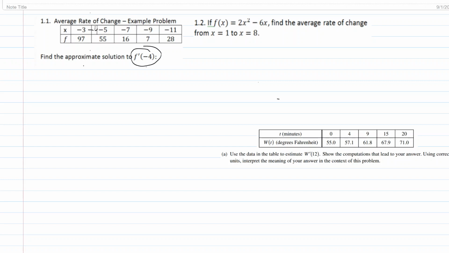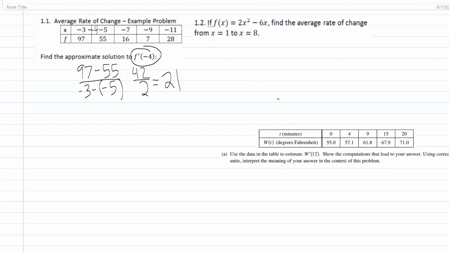So all I do is 97 minus 55 over, same x value comes first, -3 minus a -5. And I get 2 on the bottom for -3 plus 5. And on the top, I get 97 minus 55, which is 42. And so this is 21 for our approximate solution to f prime of -4.